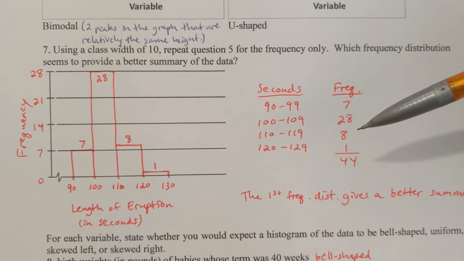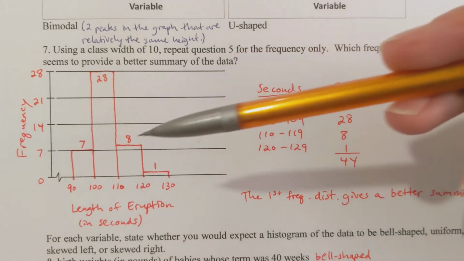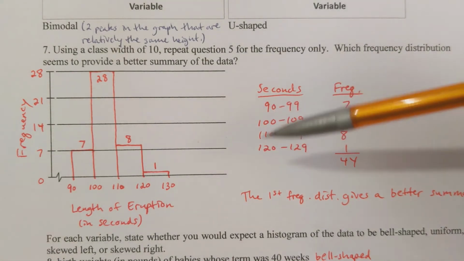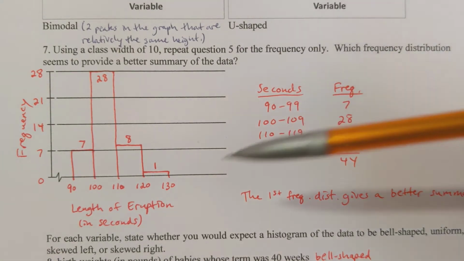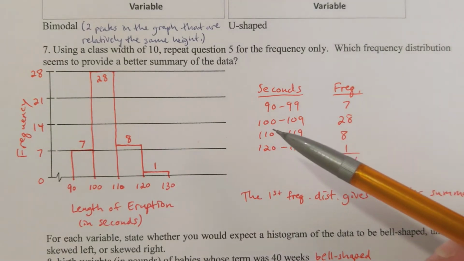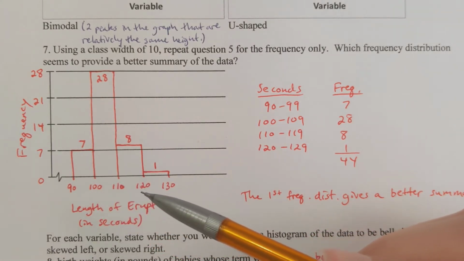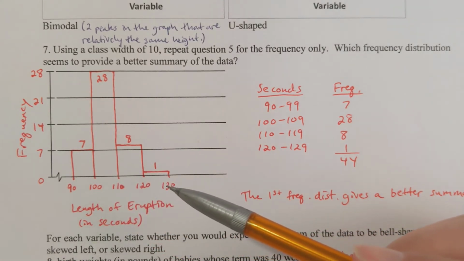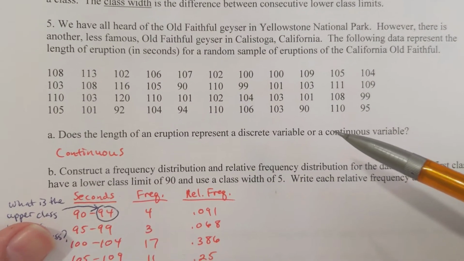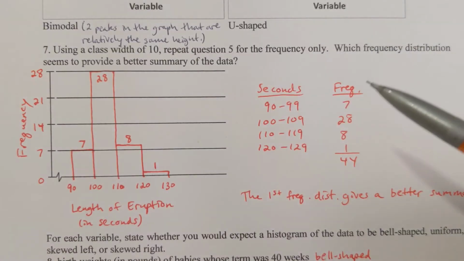Okay, I'm ready to make my histogram. Making a bar graph, the bars touch each other. Remember that we always use the lower limits for the values on the horizontal axis. So I'm going to start this at 90, because the lowest eruption time listed in the data set is 90.